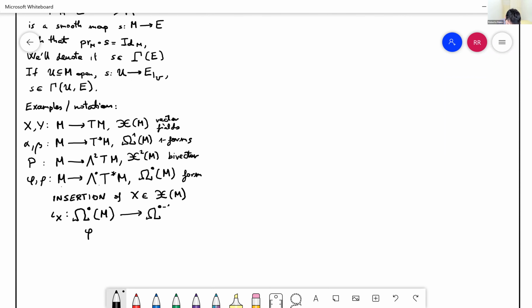Here I put a −1 to say that whenever this thing had components of different degrees, say 2 and 4, I'm just going to do φ of X and leave the other ones free. So this is the insertion operator of a vector field acting on forms.